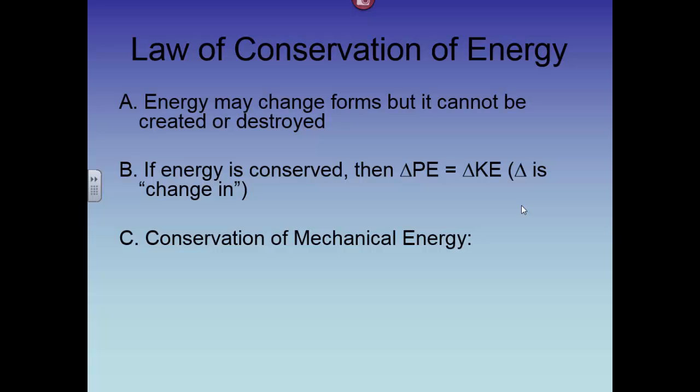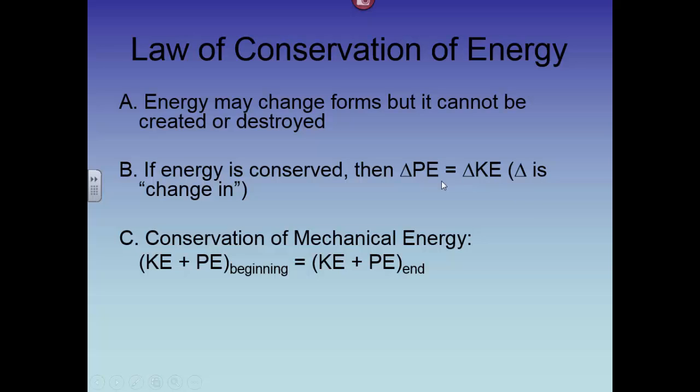We're going to spend some time looking specifically at the conservation of mechanical energy. Again, that's the energy of motion or energy of position. So, for example, if we had a roller coaster and we had a certain amount of energy at the beginning, that amount of energy would be the same as what we had at the end.